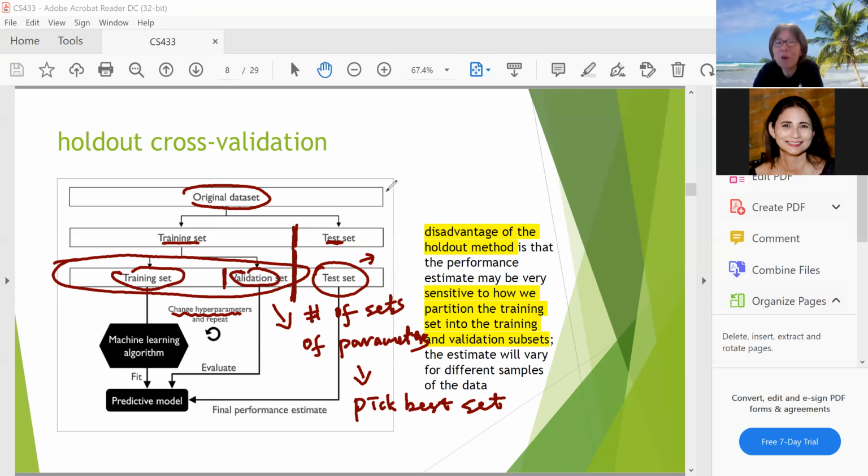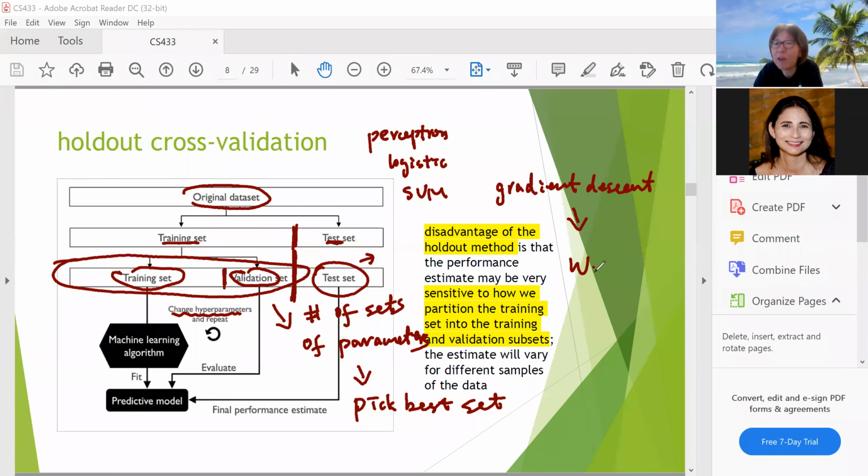Over here, this set is to do the hyperparameter selection. And if you recall what we learned previously, like the perceptron, logistic regression and SVM, those use gradient descent, and for gradient descent the goal is to find the best weights.